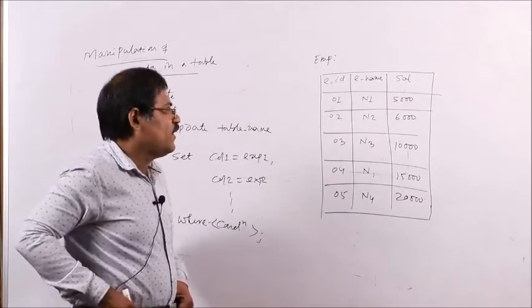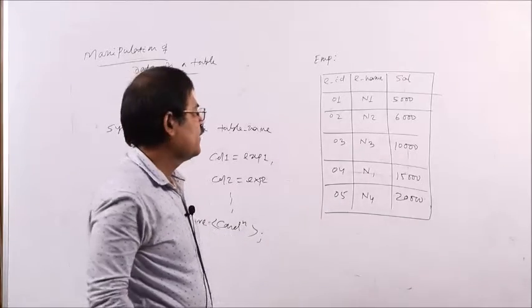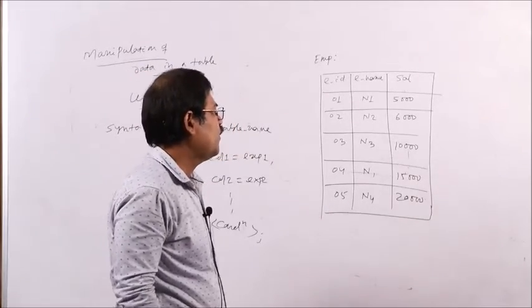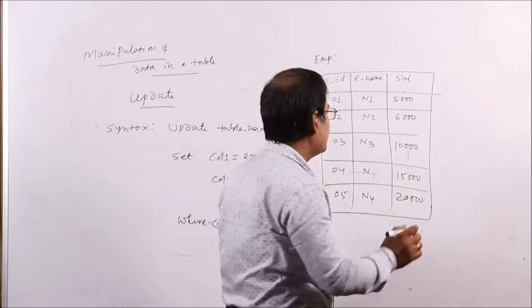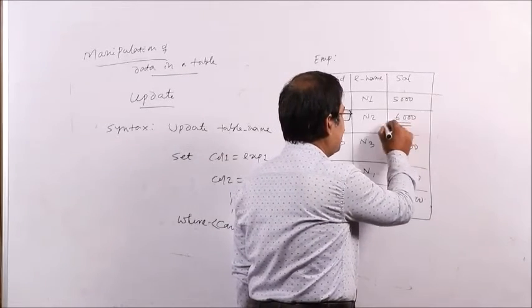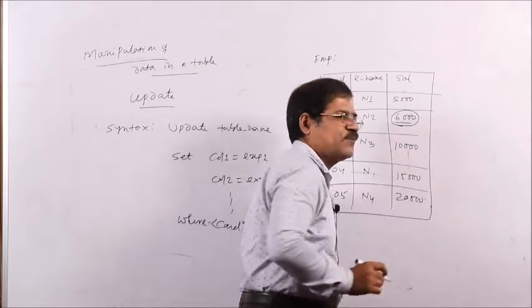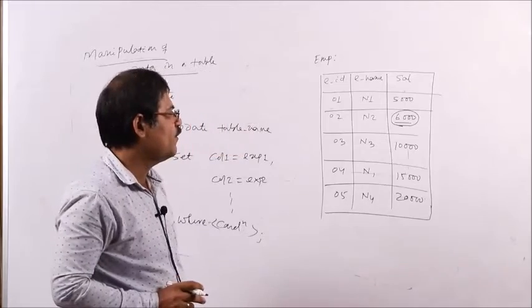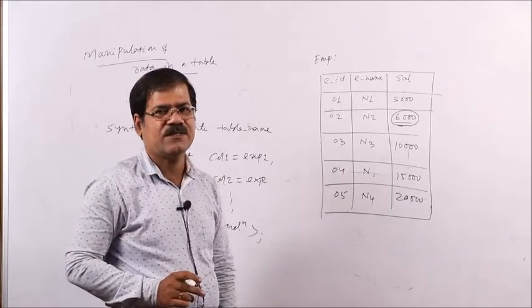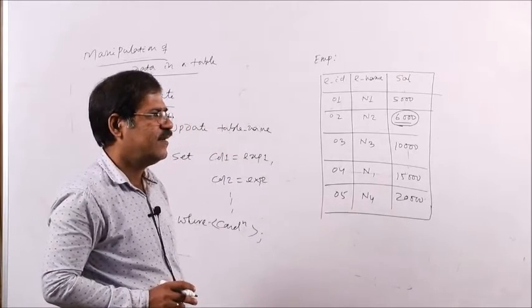Suppose a particular employee, employee 2, whose name is N2. The old salary of employee N2 is 6,000. Let the salary be incremented by 2,000 or 5,000, whatever it may be.